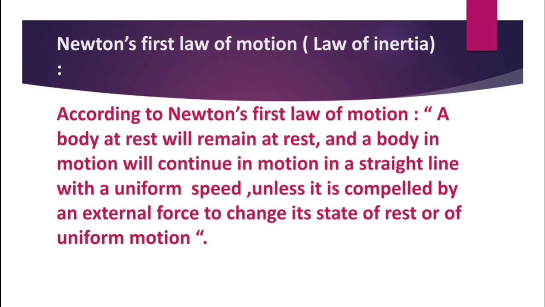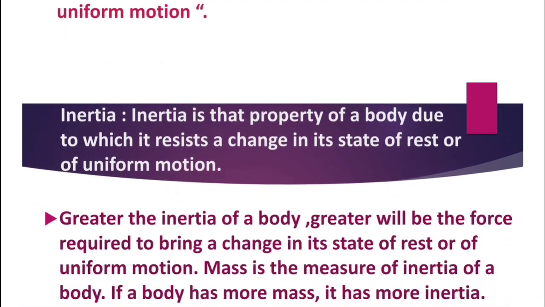A body in motion will continue in motion in a straight line with a uniform speed, unless it is compelled by an external force to change its state of rest or of uniform motion. This is the statement given by Newton, so it is also known as Newton's first law of motion.